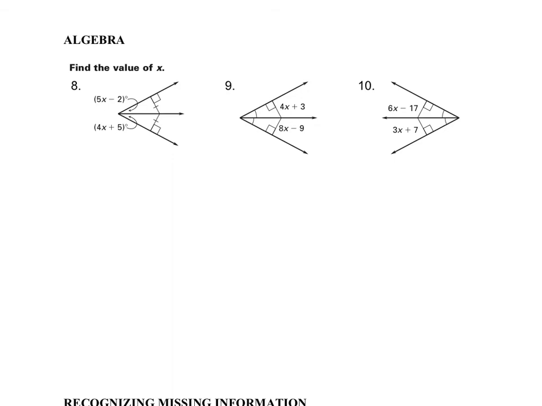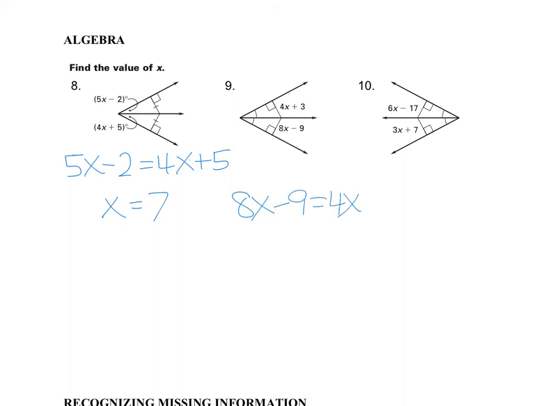The next page, find the value of x. So the two angles must be congruent since you have the angle bisector criteria met. So x equals 7. We're told that the angle is bisected and we do have perpendicular segments.